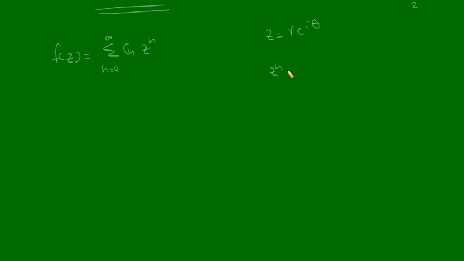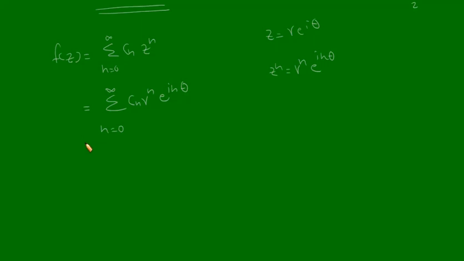So if you find z raised to n, then z raised to n will be equal to r raised to n e raised to i n theta. Okay, so if you substitute it back here, then this term will be summation n is equal to 0 to infinity Cn r raised to n e raised to i n theta. Okay, and this is our Fourier exponential series.